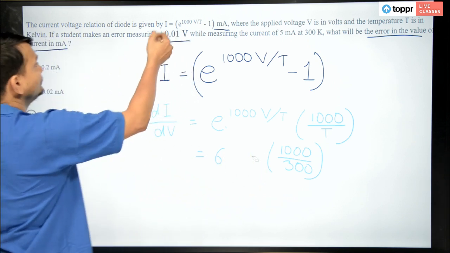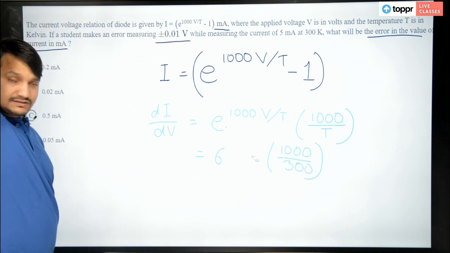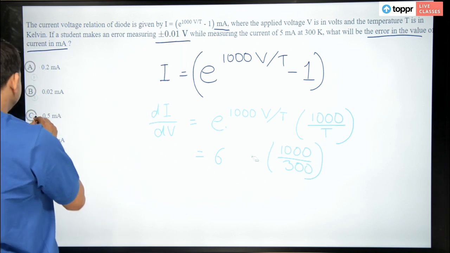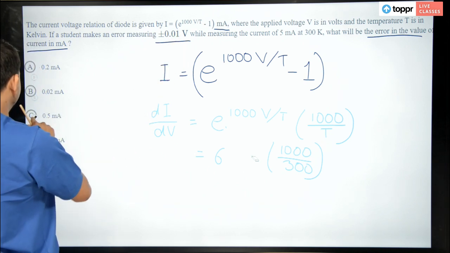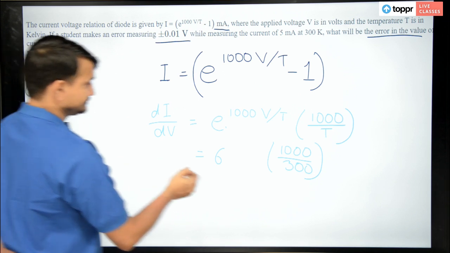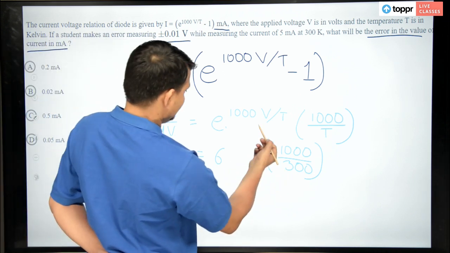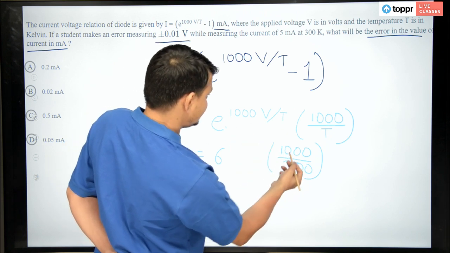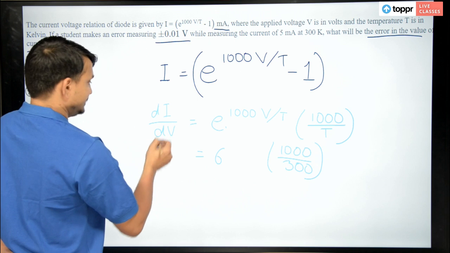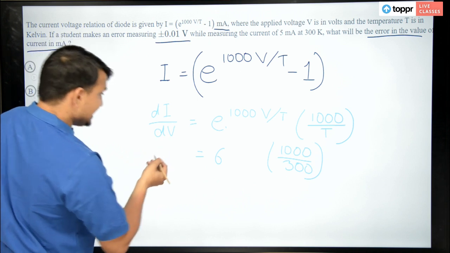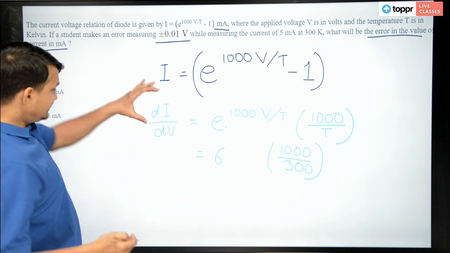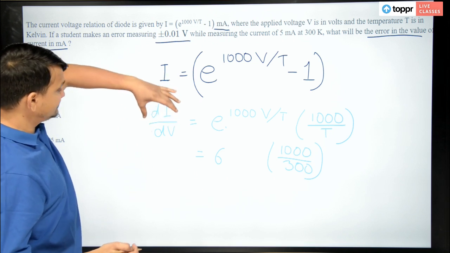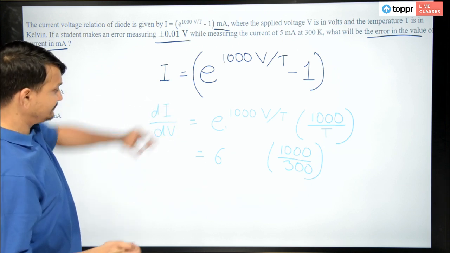So we know that the error of our voltage is 0.01 V. We will write dI by dV, dI being the error of current, and dV being the error of the voltage.